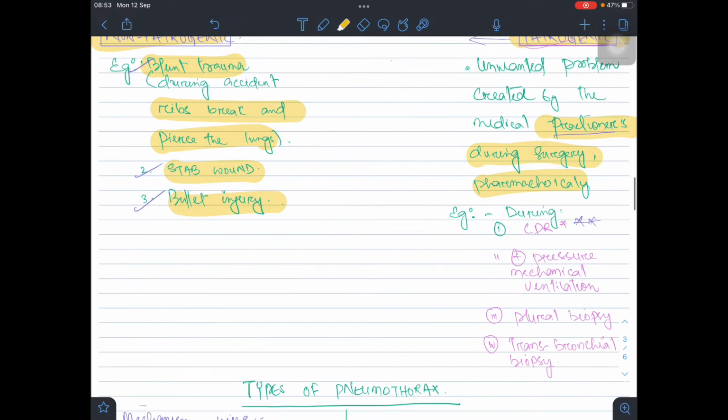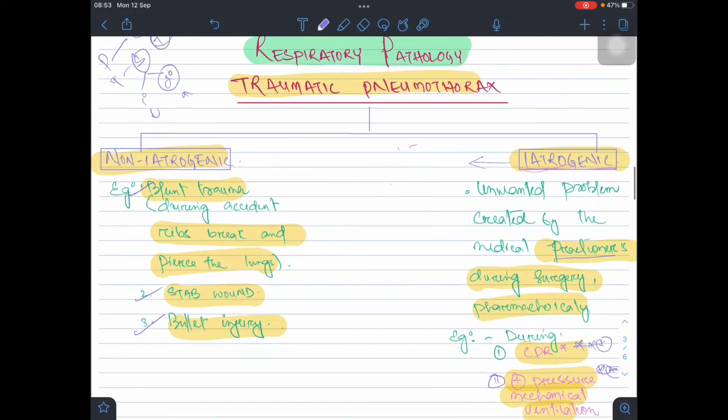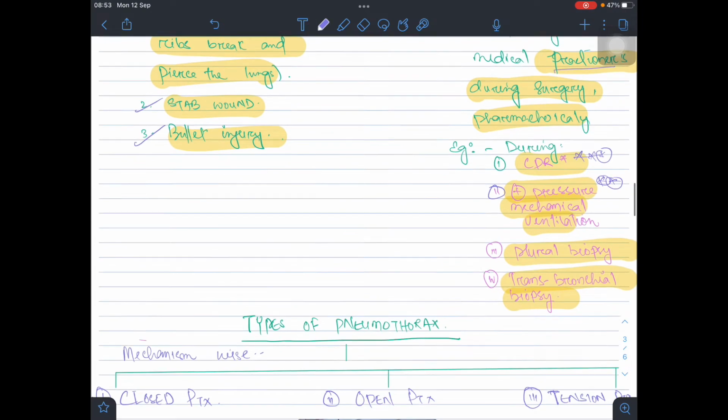The most important ones are CPR, or cardiopulmonary resuscitation, and positive pressure mechanical ventilation. The next ones are pleural biopsy and transbronchial biopsy. These are the iatrogenic ones. So this should be remembered: CPR and positive pressure mechanical ventilation are iatrogenic causes of traumatic pneumothorax. This is the most important one.